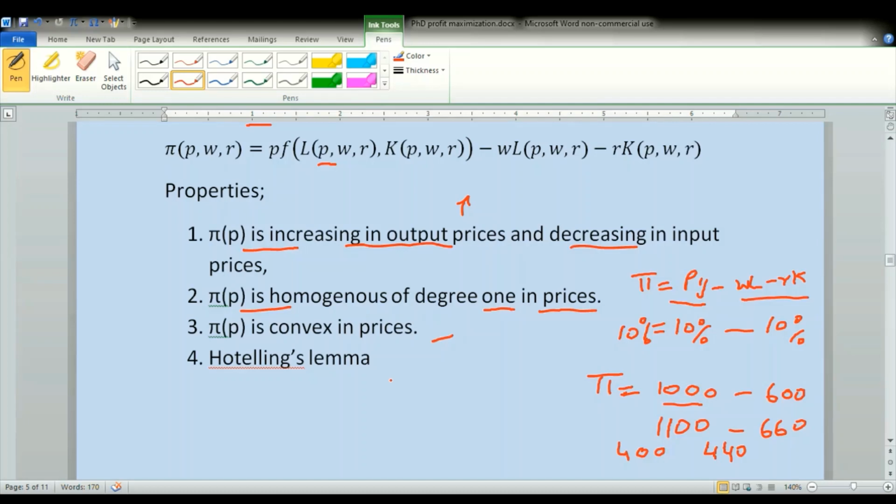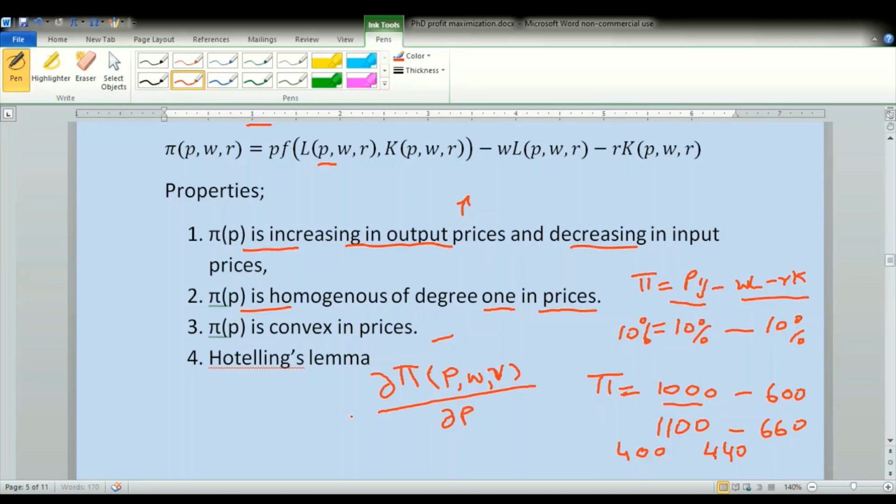This property says that if we take the derivative of the profit function with respect to any of the prices, suppose that we take the derivative of the profit function with respect to the output price.